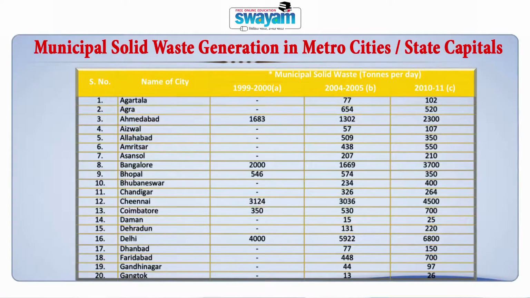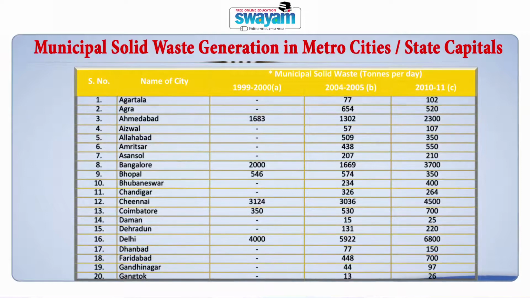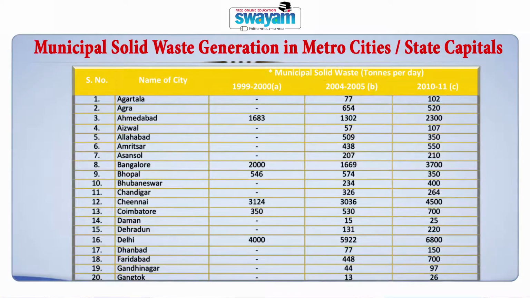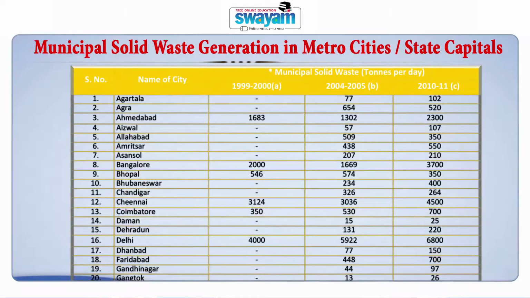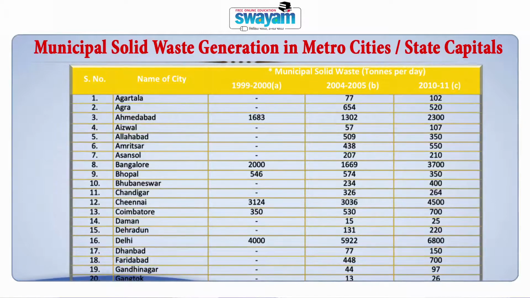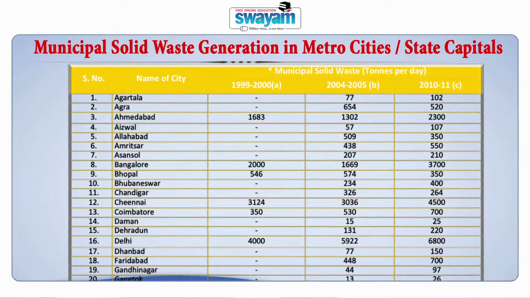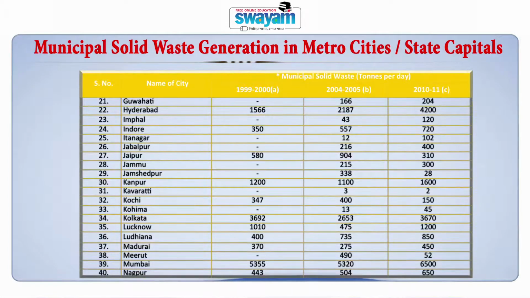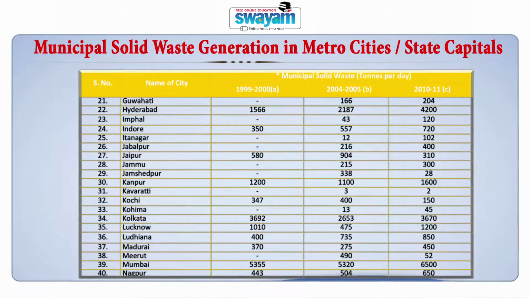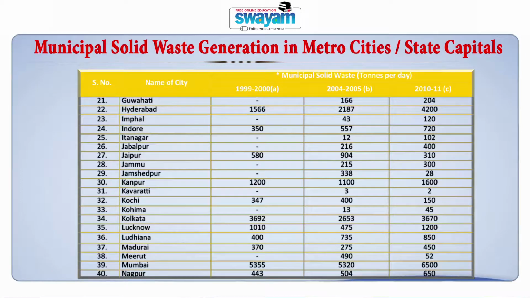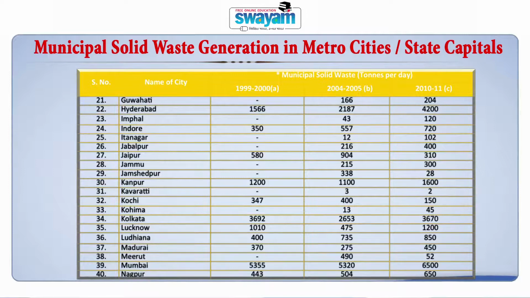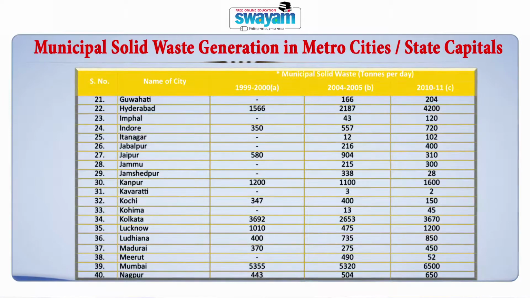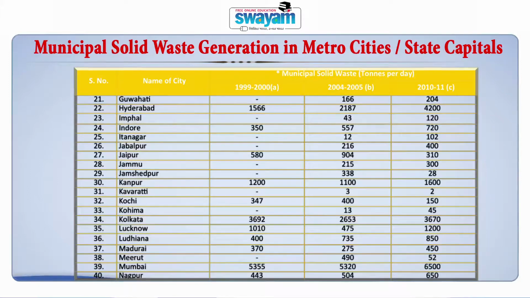According to the table, as usual the metropolitan cities generate a high amount of waste, starting with Delhi, which ranks number 1, followed by Mumbai, Chennai, Hyderabad, Bangalore and Kolkata. The least waste generating cities include Kavaratti, which is a union territory, followed by Gangtok and Jamshedpur.